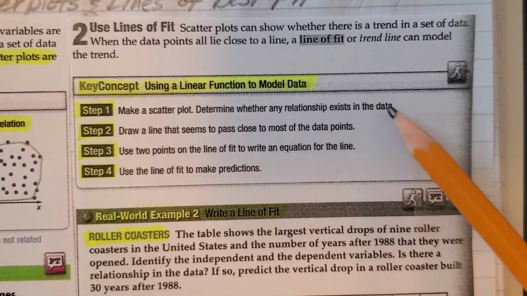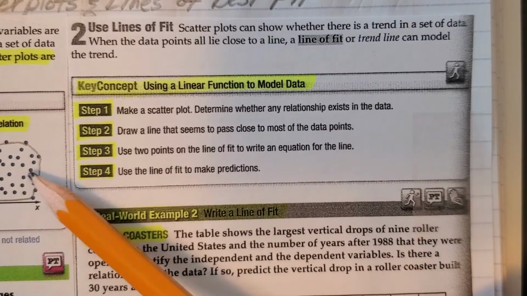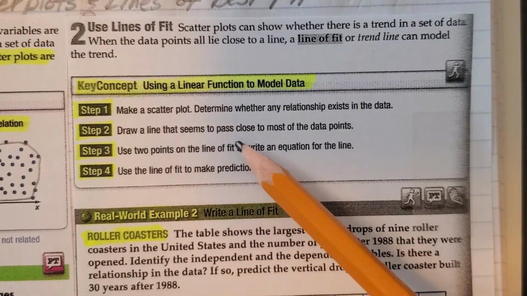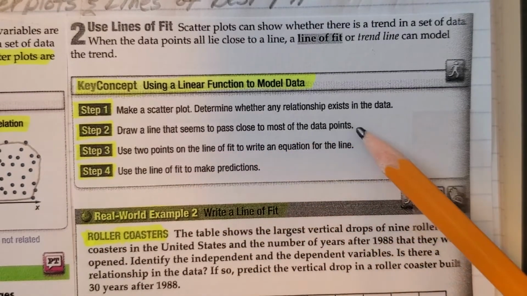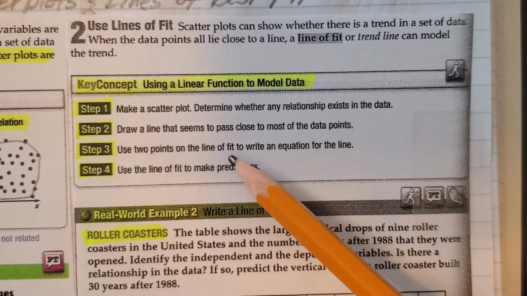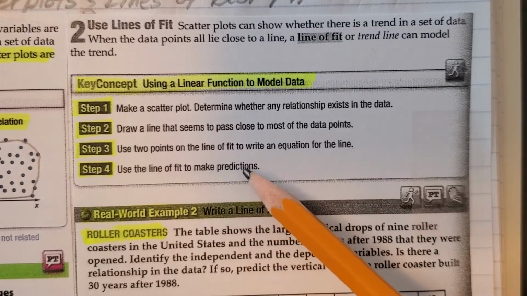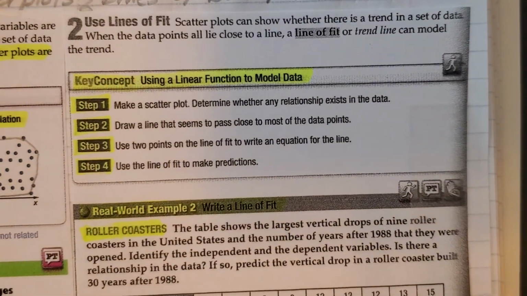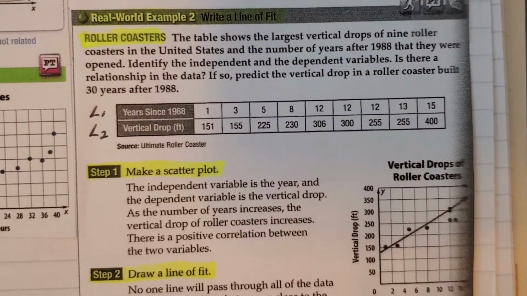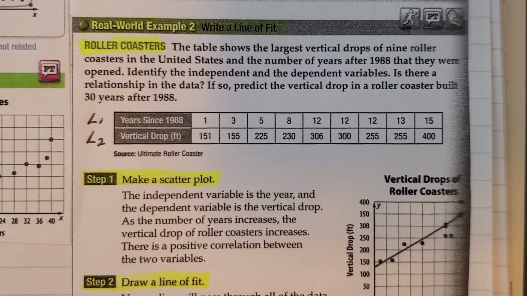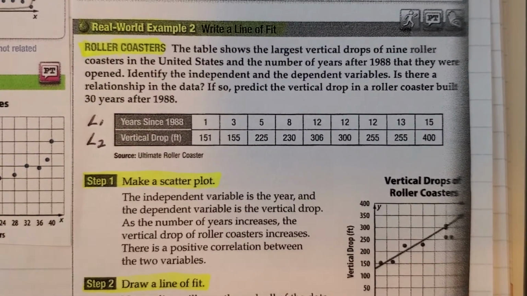Determine whether any relationship exists in the data. If it doesn't, then you have no correlation, you have a zero. Draw a line that seems to pass close to most of the points. Use 2 points on the line to make an equation, and then use the line to make predictions. That's what we're going to do on this real example here, and then I'm going to use the TI-84 graphing calculator and show you exactly how it does it.